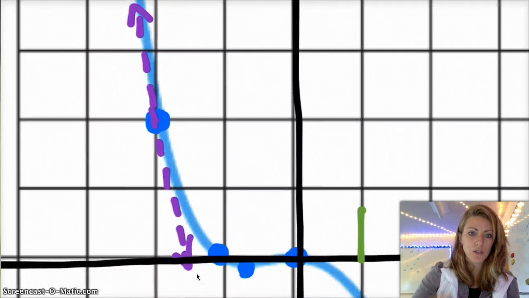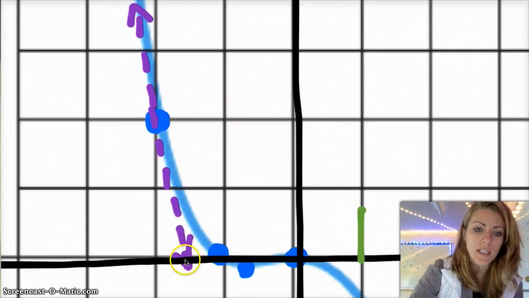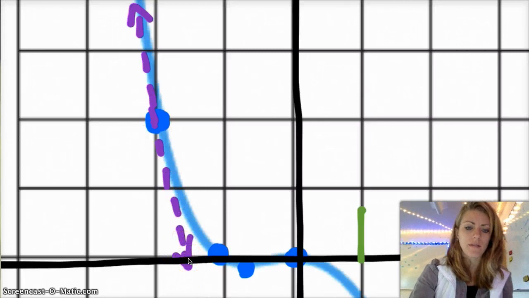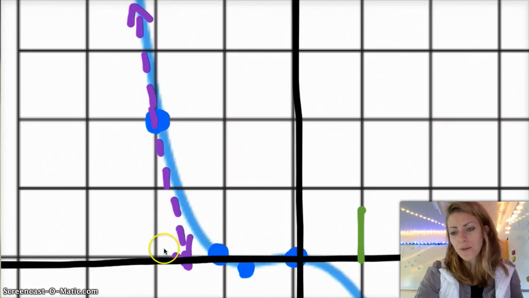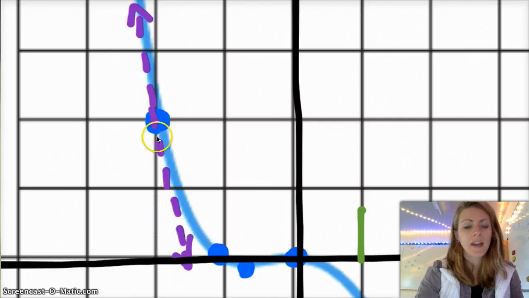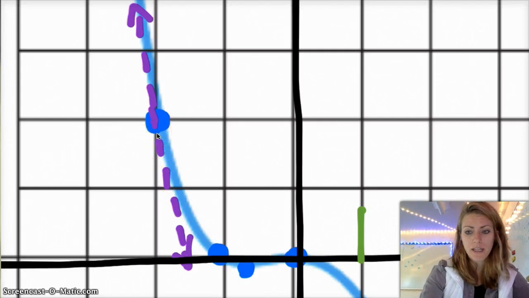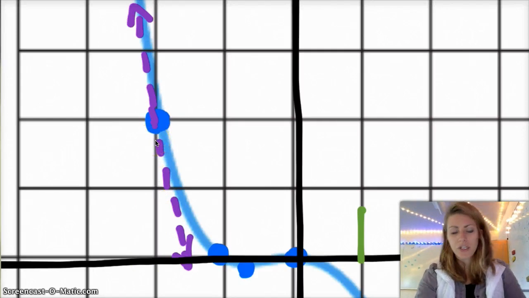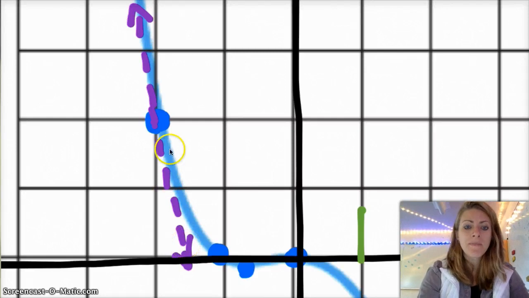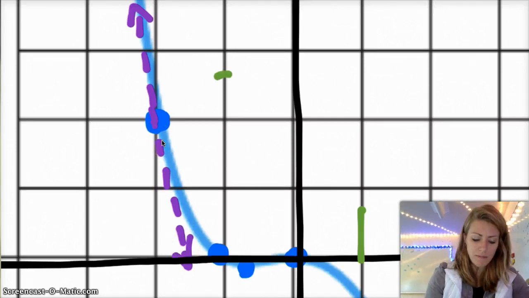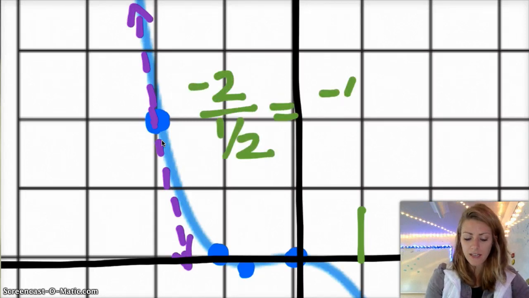And so what I want to do is look at the slope there. It looks like it's about halfway through the box. So I would say I go over a half and down, right, and up 2, right? So my slope here should be about rise over run, which is 2 over a half. But keep in mind that this slope is going down, so it's actually a negative slope. So I would say the slope's about -2 over a half, which is the same thing as -4.